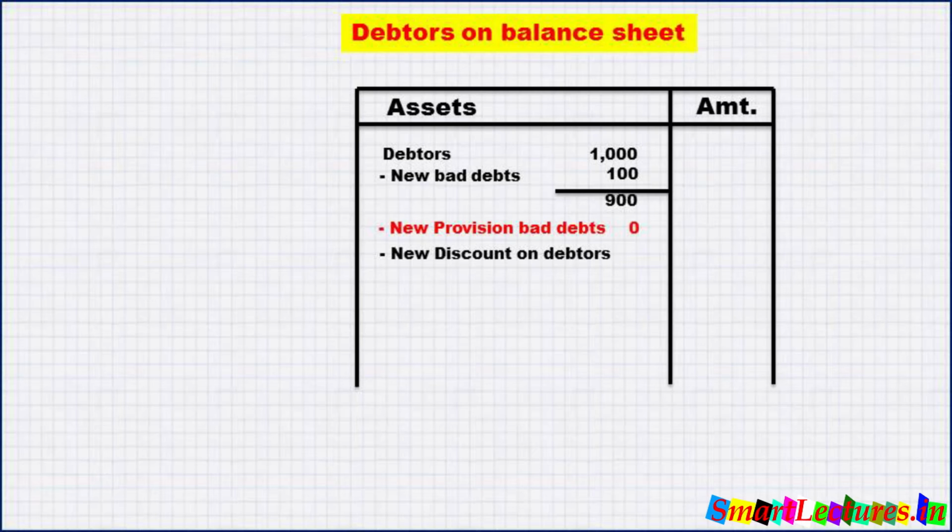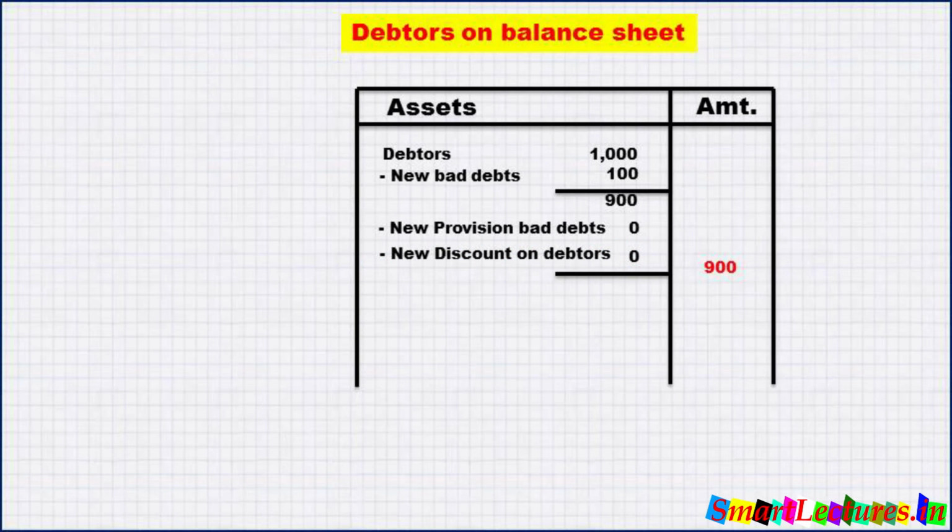There was no new provision for bad debts in the adjustments. So balance is 900, then minus new discount on debtors. New discount on debtors means discount on debtors taken from the adjustments. There was no discount on debtors in the adjustments. That will be 0. So 900 minus 0, in the outer column it will be 900.